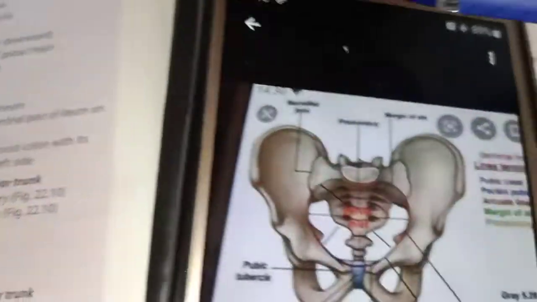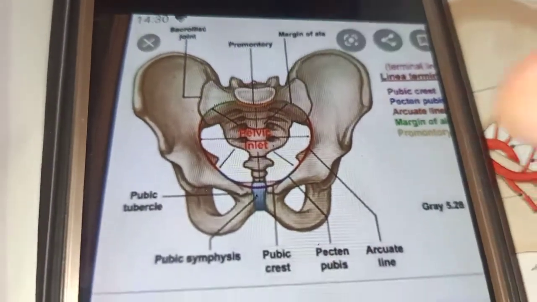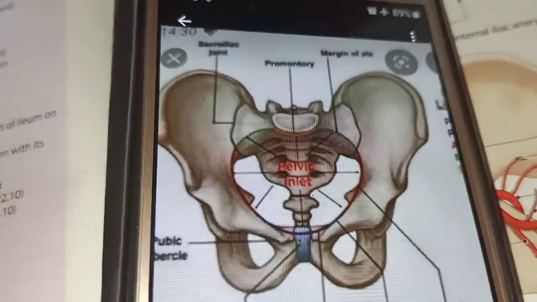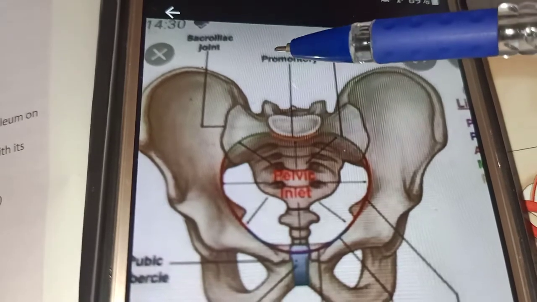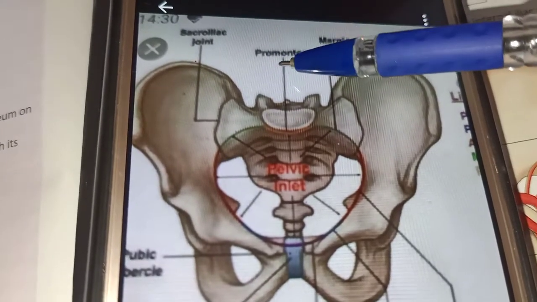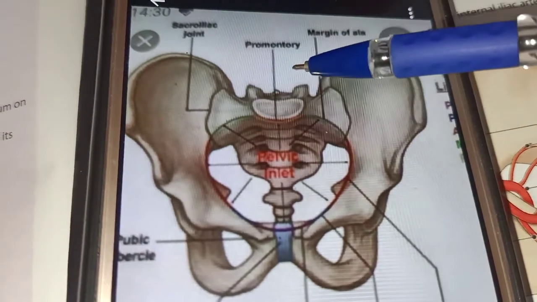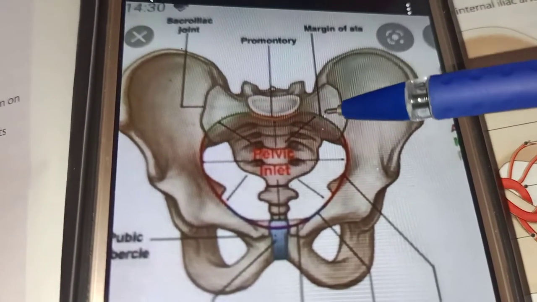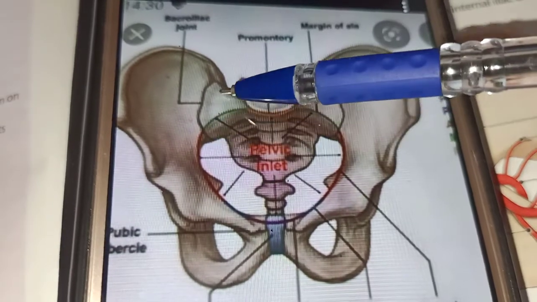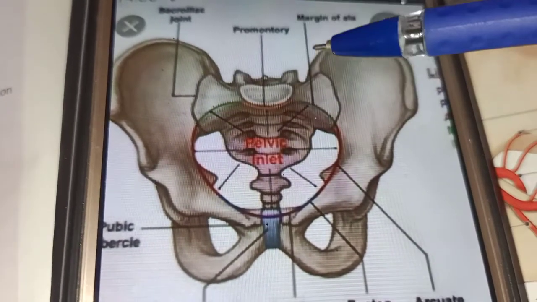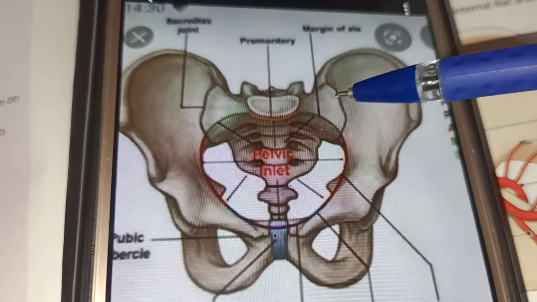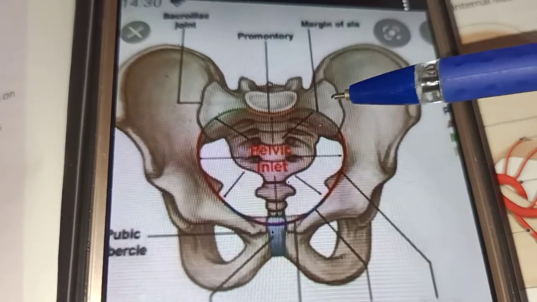So suppose this is the diagram of the pelvis, and suppose this is the umbilicus here, it bifurcates into right and left common iliac, and these will go down, and in front of the SI joint, they will form the internal iliac and external iliac.